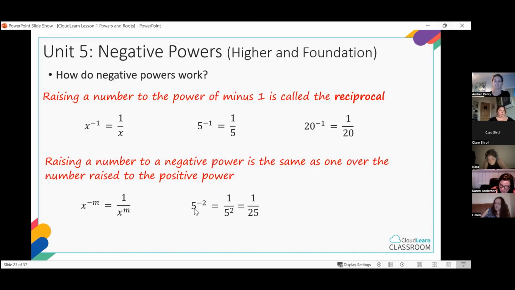If we have 5 to the power of -2, it's the same as 1 over 5 squared, which is 1 over 25. The last one, 20 to the power of -7, is 1 over 20 to the power of 7. I didn't write down what that is because 20 to the power of 7 is a humongous number that wouldn't fit on my PowerPoint, so I left that in indices form for you.